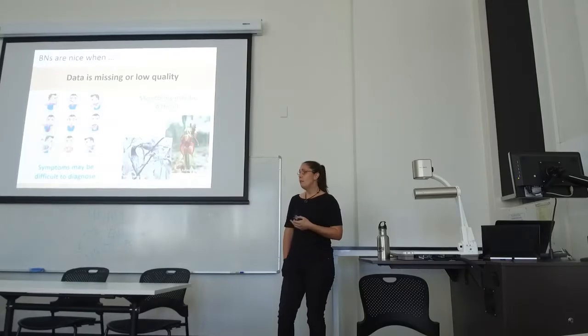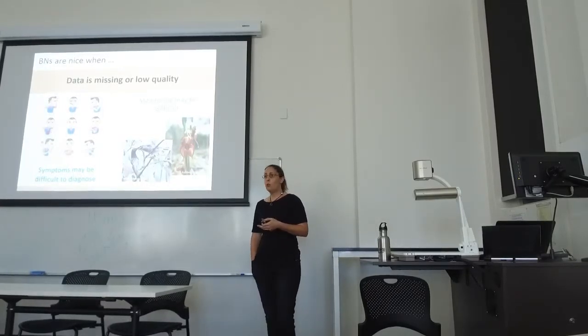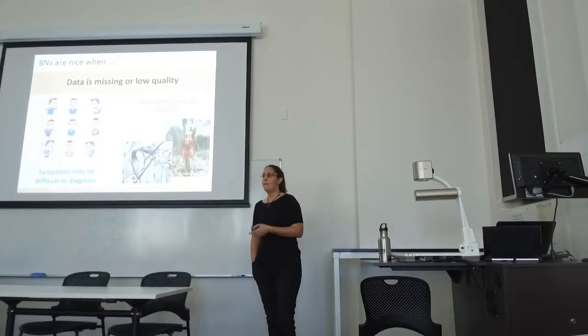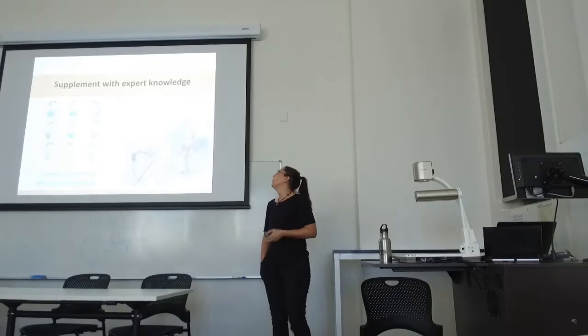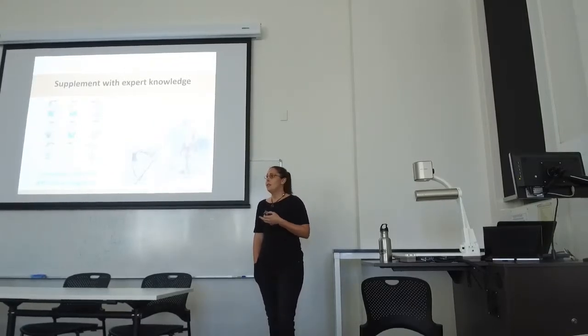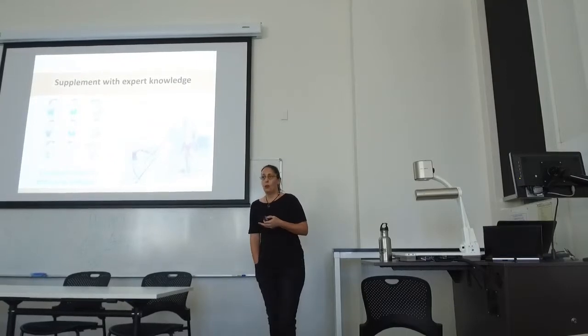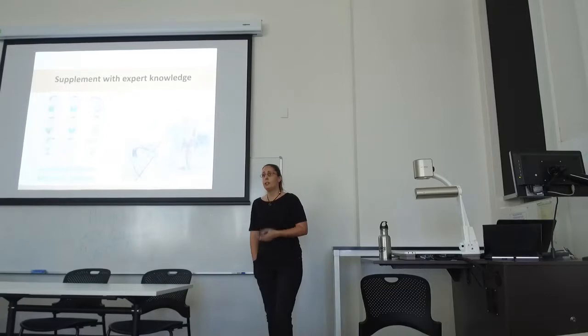Species might be really rare, such as the regent honeyeater, or we might have cryptic species like orchids that only pop up now and then when they fancy, which makes them quite hard to monitor. Bayesian networks are nice for this because we can supplement them with existing knowledge from experts. A lot of the time we might not have monitoring data, but we have people who actually know a lot about the species from experience.